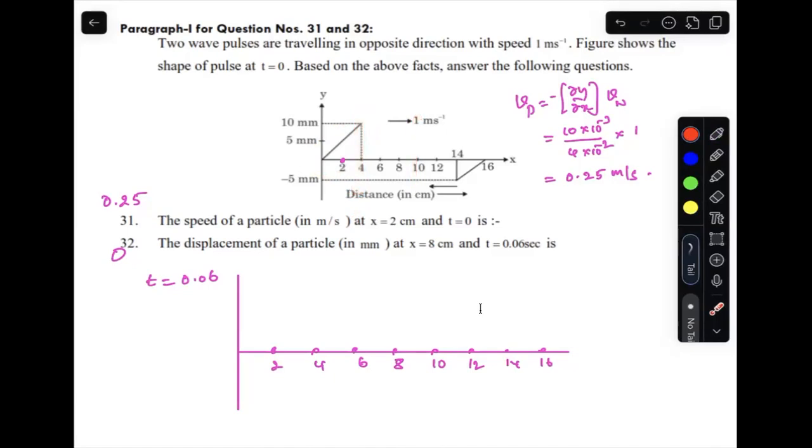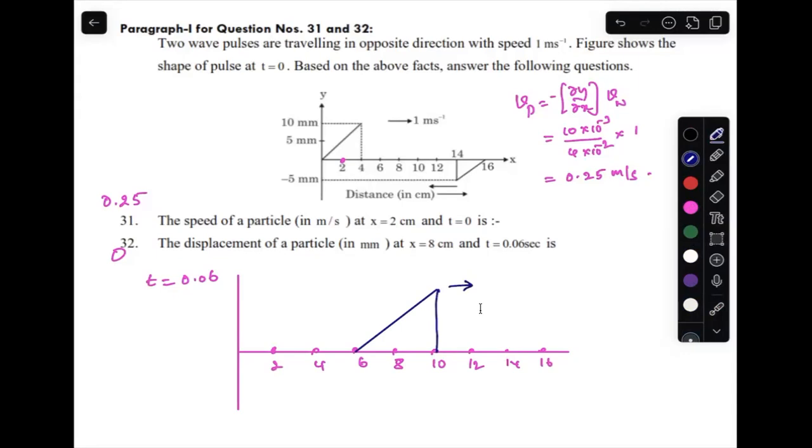Which means your wave pulse changes the color. Same color. That's the picture, the one which goes in the forward direction.